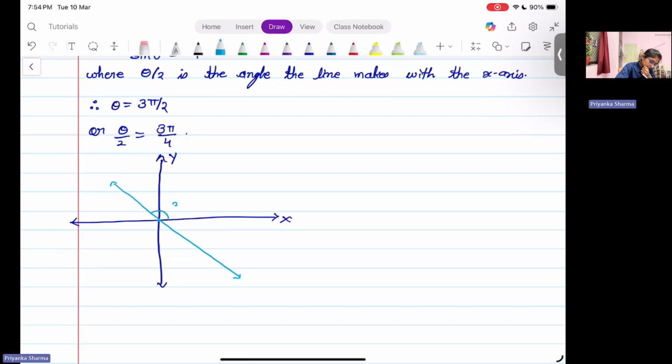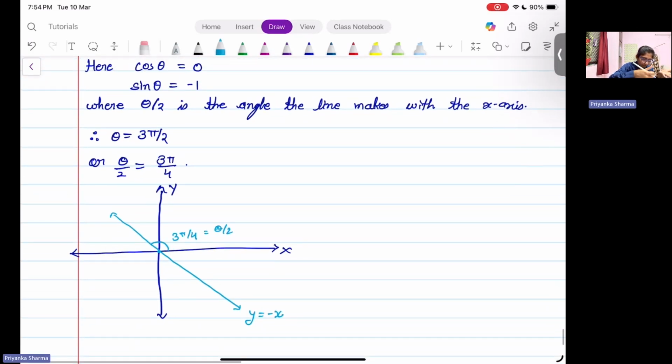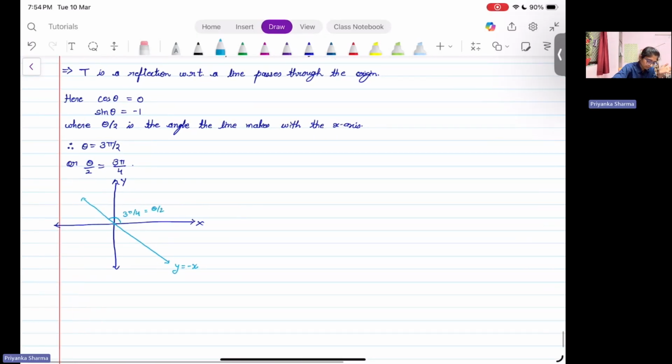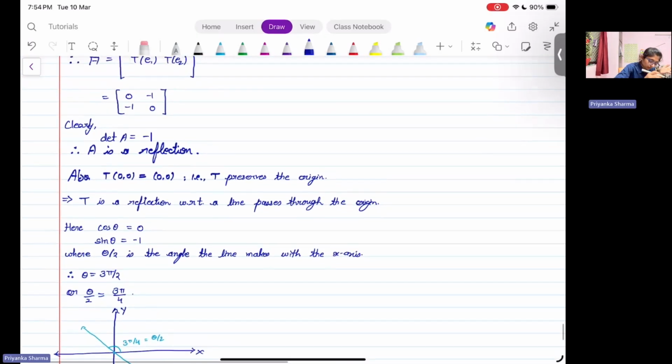This angle is 3 pi by 4, which is actually theta by 2. Now, what is the line? The line is clearly, we can see, y equals minus x, or we can determine its form using the standard form of lines. So this is a clear geometrical representation for the conclusion.